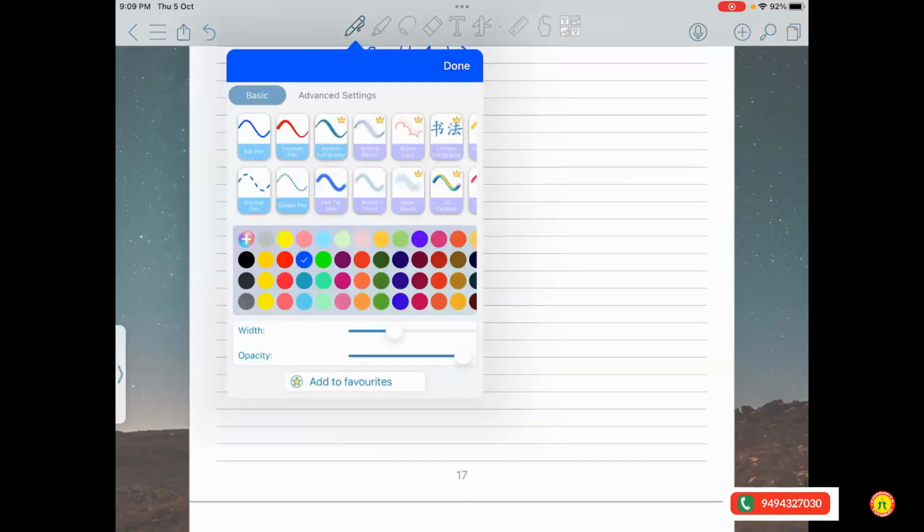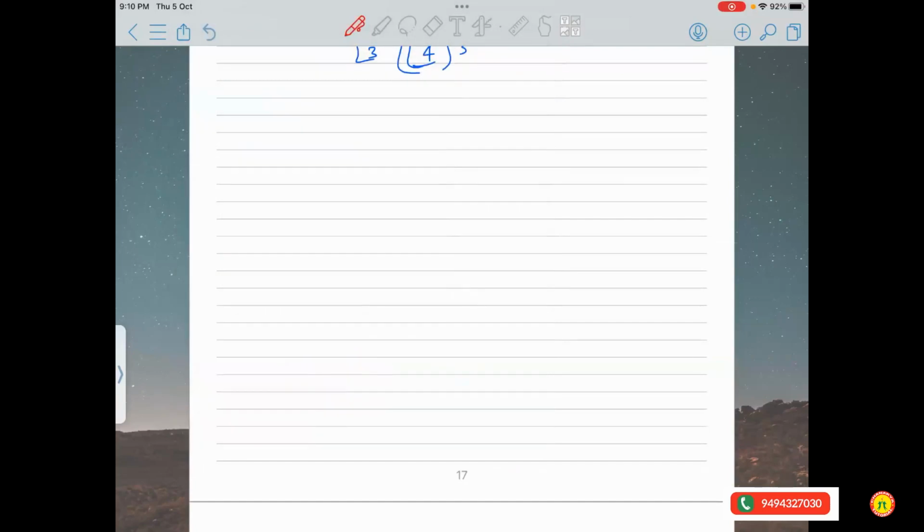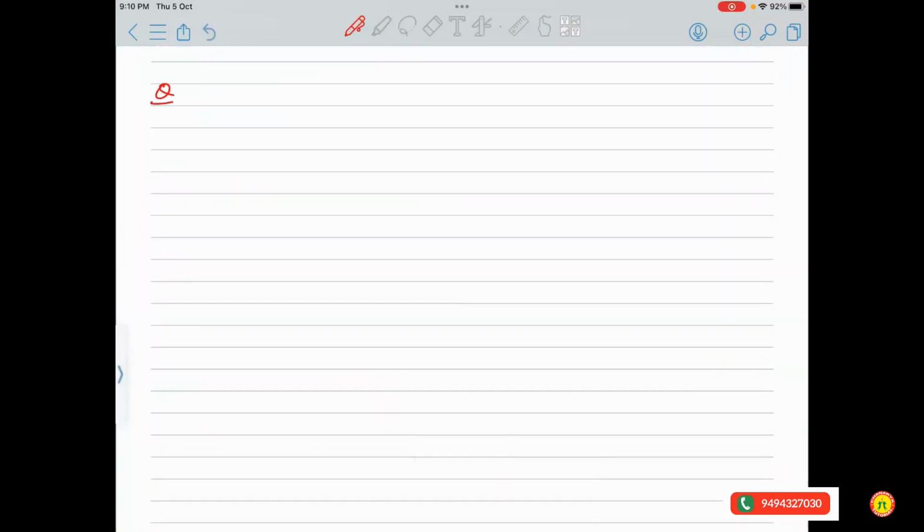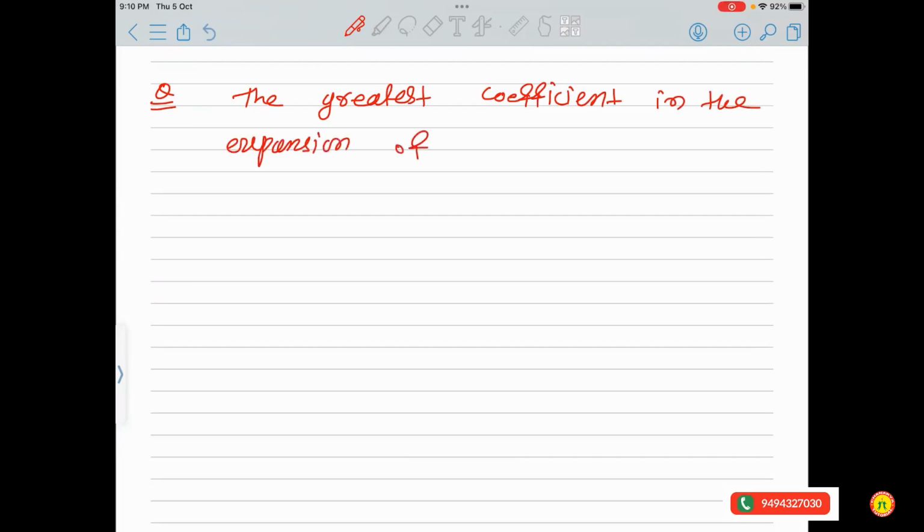Now your task is to answer this question: same question, different data. The greatest coefficient in the expansion of (x plus y plus z plus t) power 18. Can you answer, Aditi? Here m is equal to what?